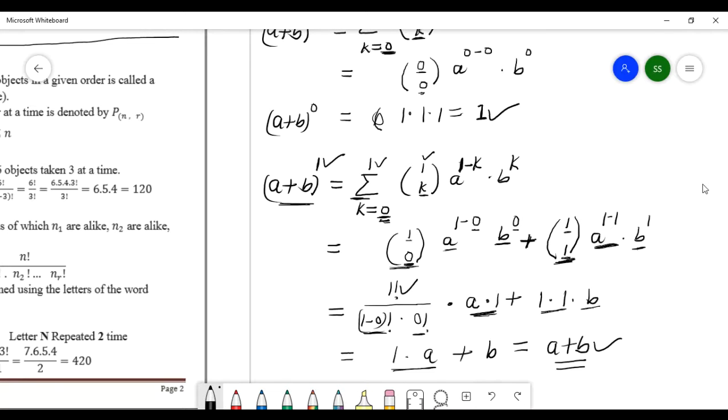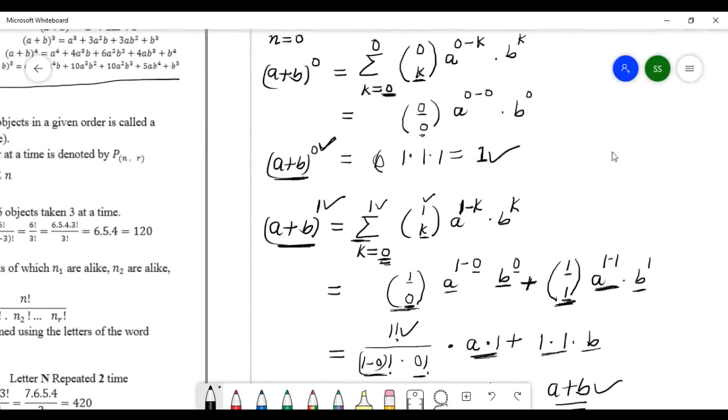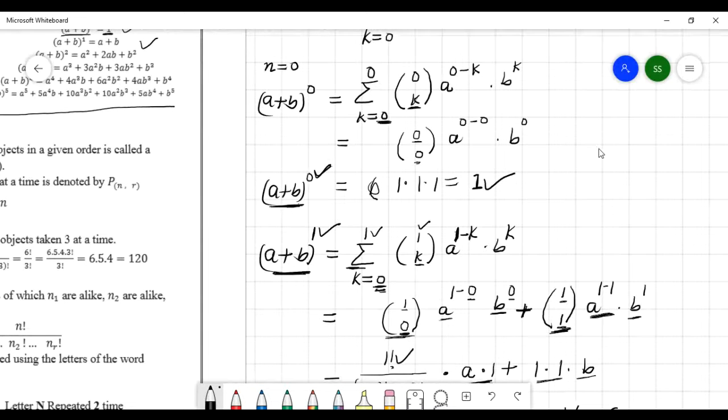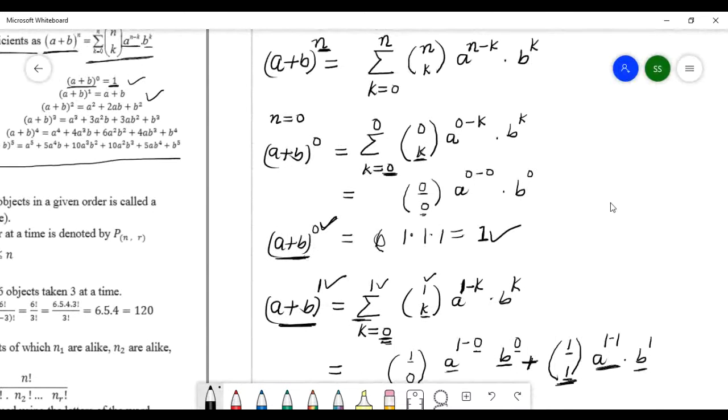And also, if you write here a plus b power 0, if you don't use this formula, if you write here a plus b power 0, so any number power 0 is what?